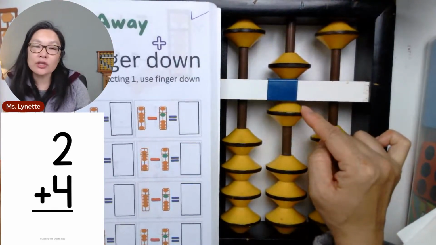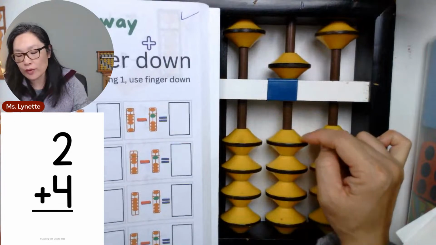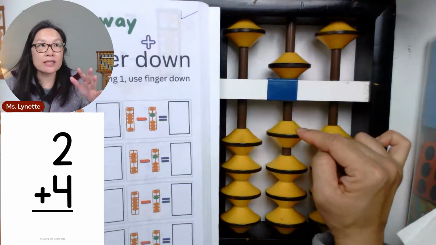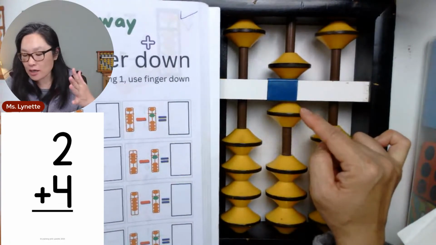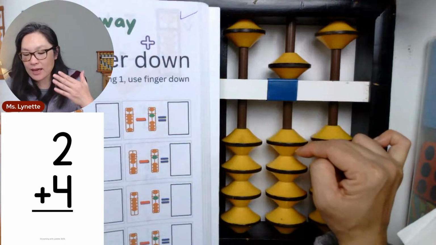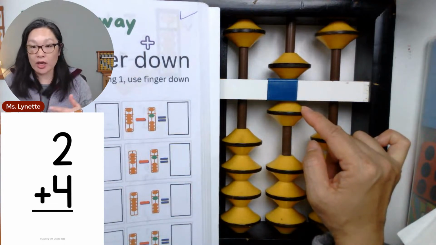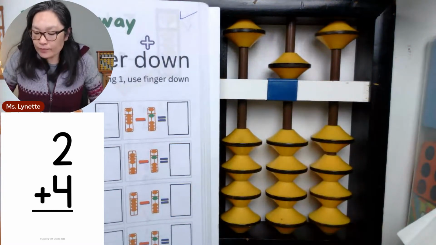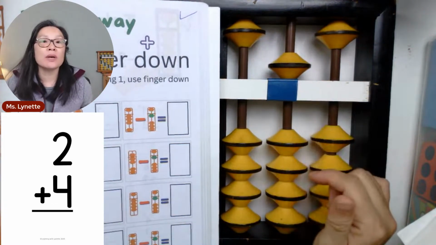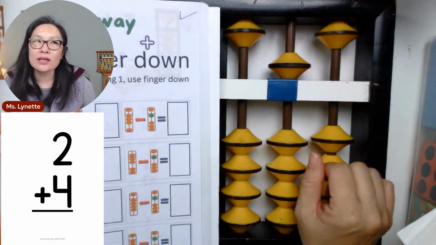We stress the finger movements in abacus, and what fingers to use, because it's muscle memory. After the kids start understanding how to use the abacus, and after it goes into their long-term memory, they'll understand how to use their fingers, and it becomes muscle memory. Just like running, right?